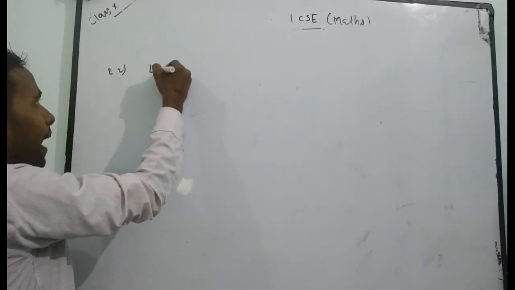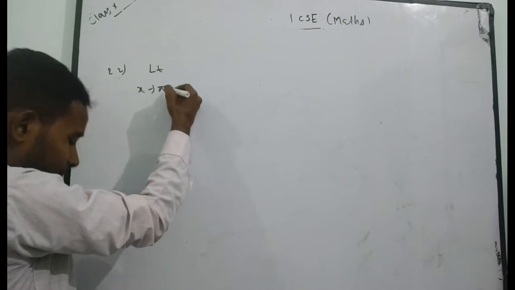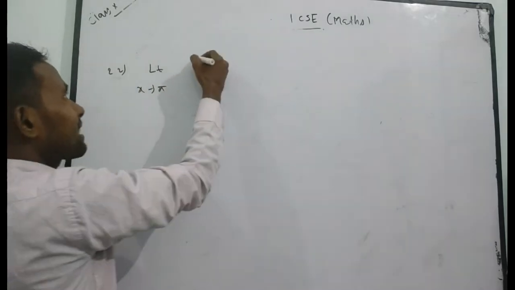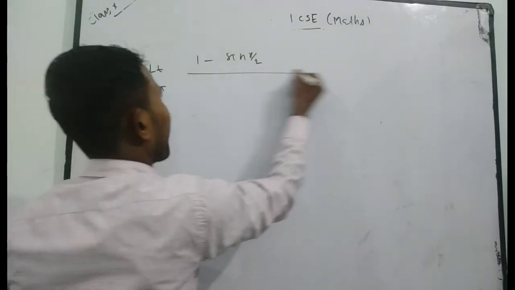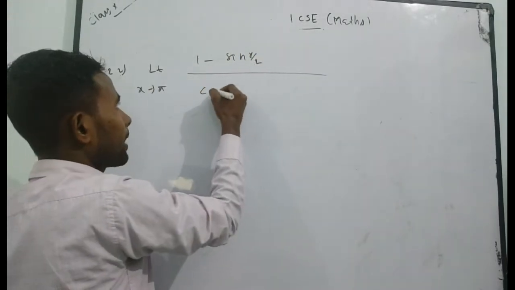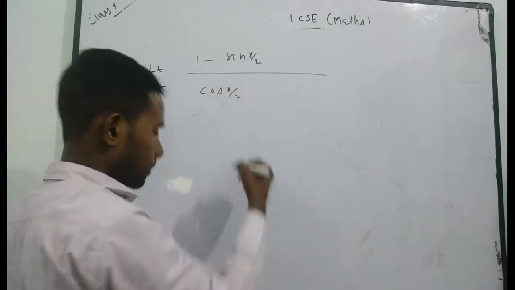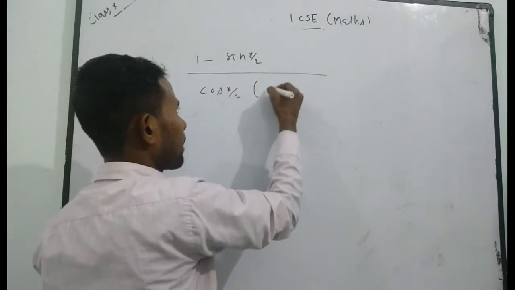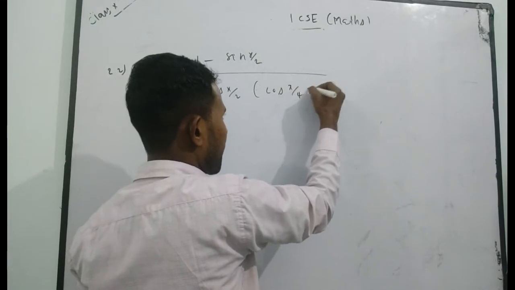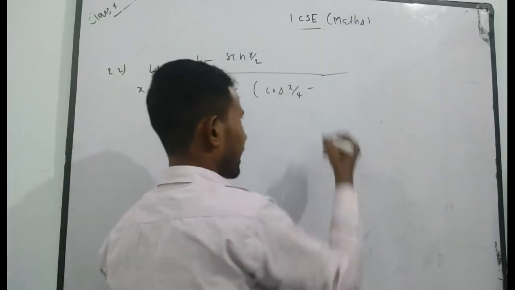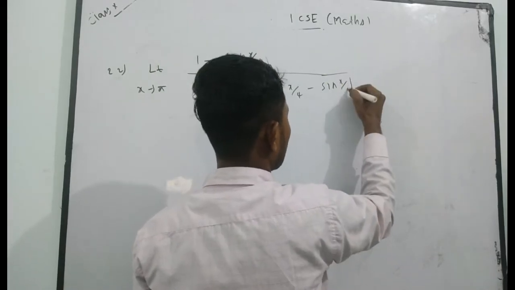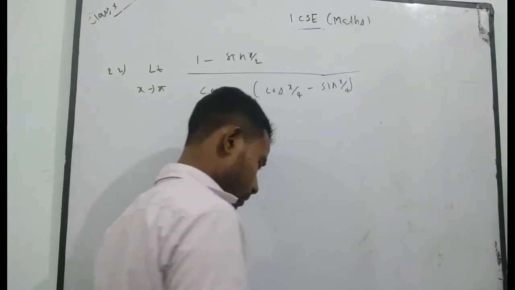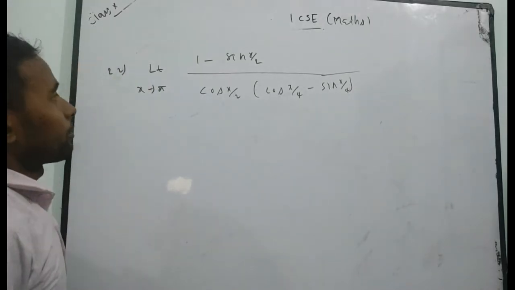Limit x tends to pi: (1 minus sin x by 2) divided by (cos x by 2) into (cos x by 4 minus sin x by 4). You have to evaluate the limit.